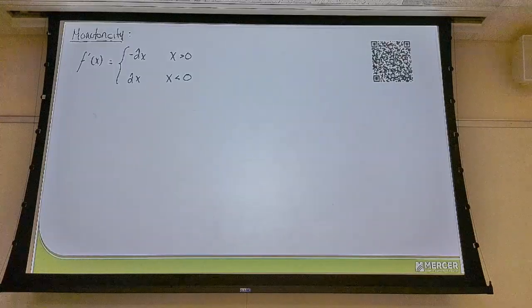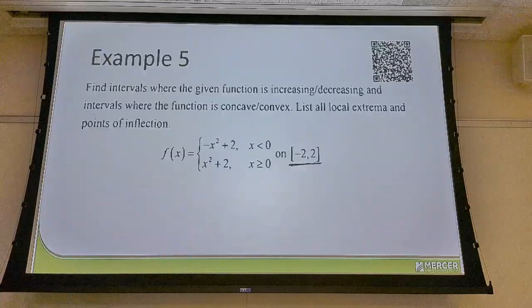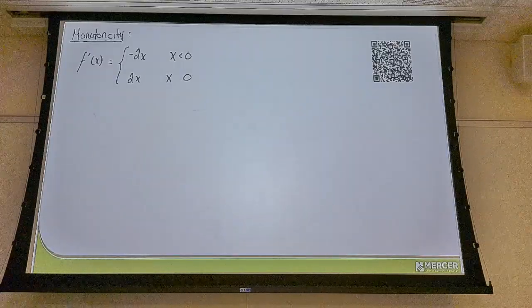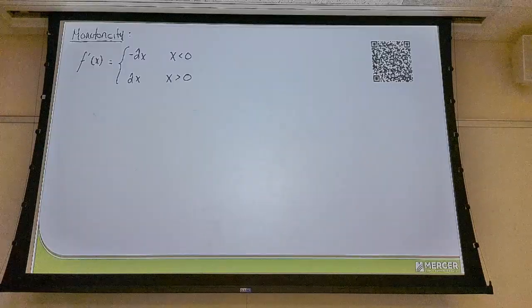Greater than 0. What do you get at 0? Less than 0. Oh wait, did I mix that up? Yes, I did. Shame on me. Doesn't matter, because it's still 0 and 0, right? That means it is differentiable at 0.